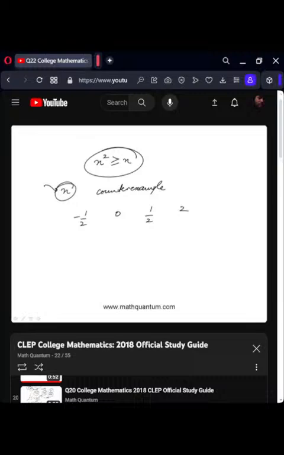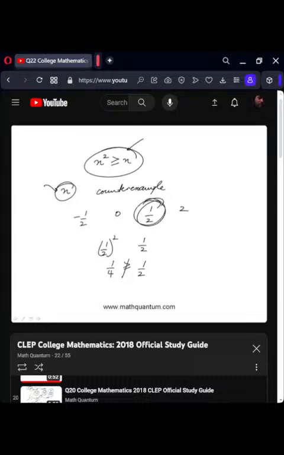So if you look at, say, half, I know half squared is a quarter. A quarter is not greater than or equal to half, so this is a counter example.